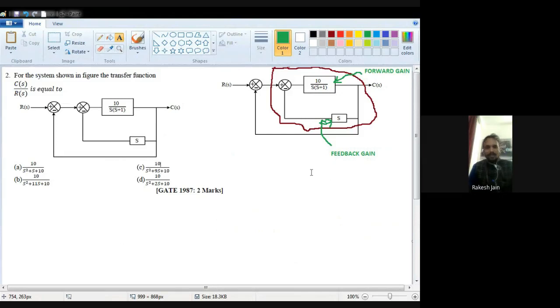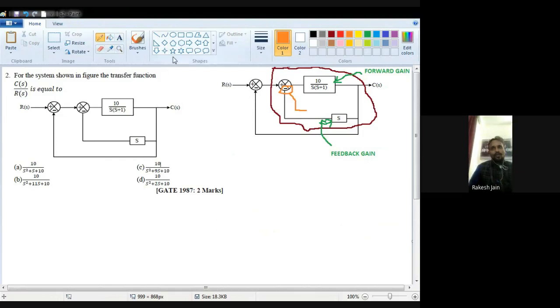Once again I repeat, forward gain upon 1 plus or minus forward gain into feedback gain. Which one, plus or minus, I have to use depends on from which side the feedback comes. So see, with this orange color I am showing you this feedback, this S will come here at the summing junction side with the negative sign. So I have to use positive.